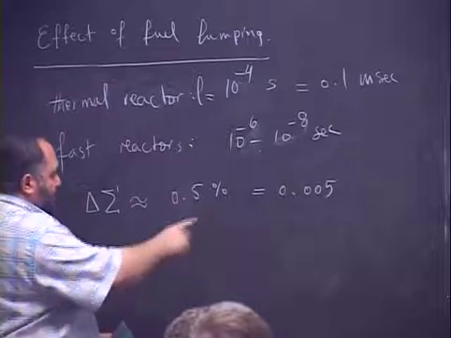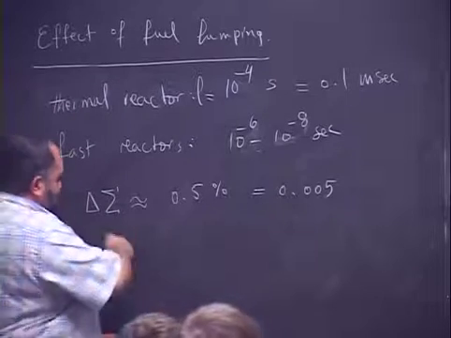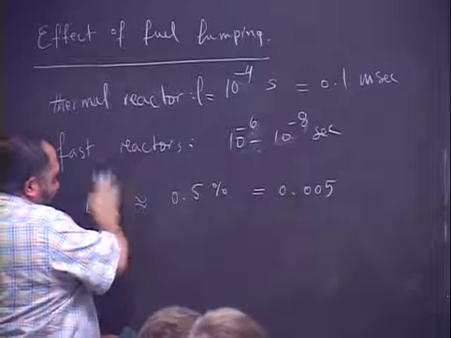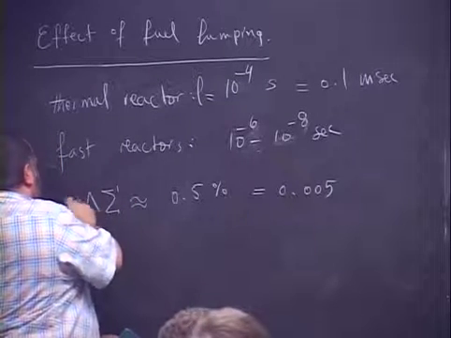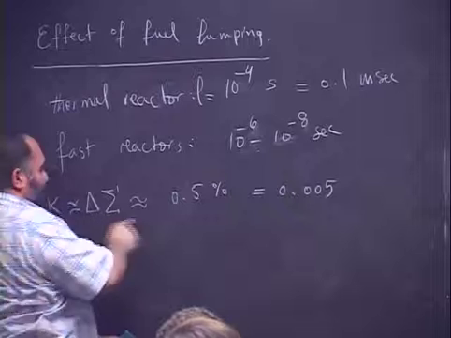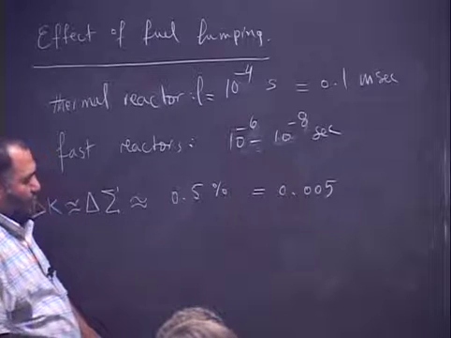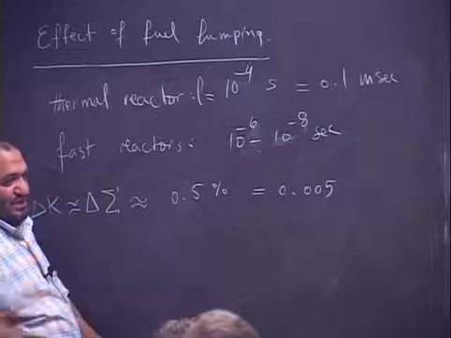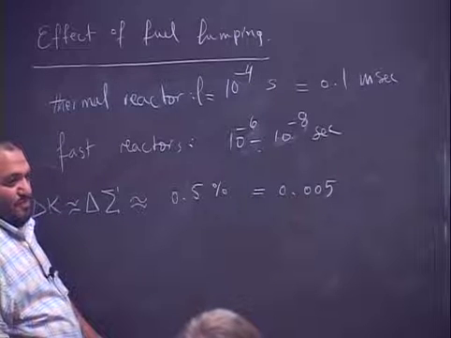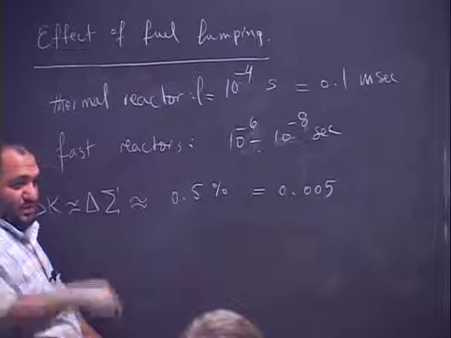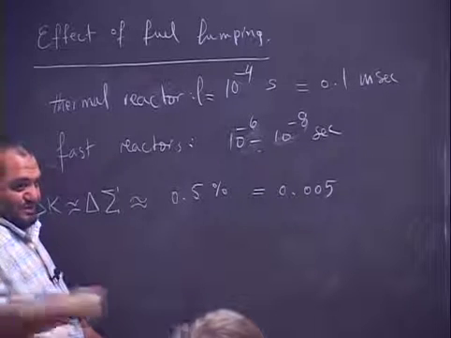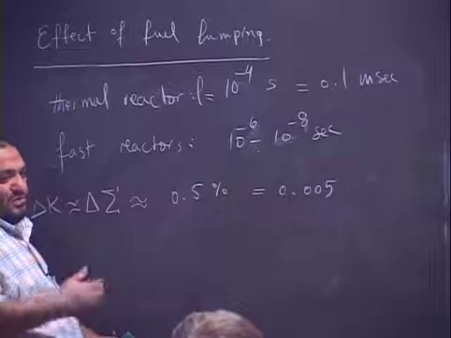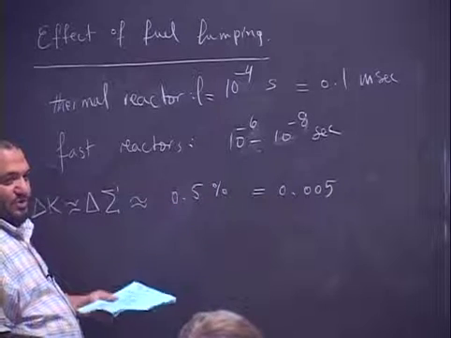So the change delta sigma in the absorption will be equivalent to a delta K of 0.005. You change the multiplication factor by 0.005, because what controls the multiplication factor is the absorption. So you increase the absorption or decrease the absorption. Let's say you increase it by 0.005.